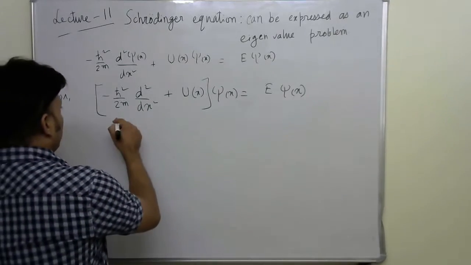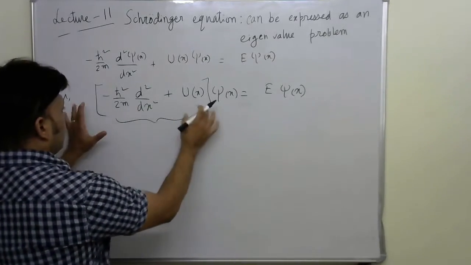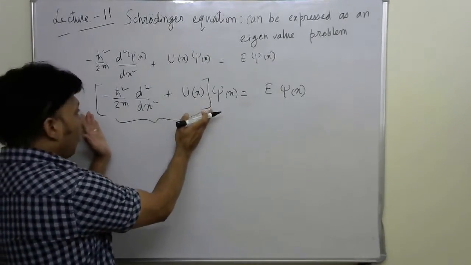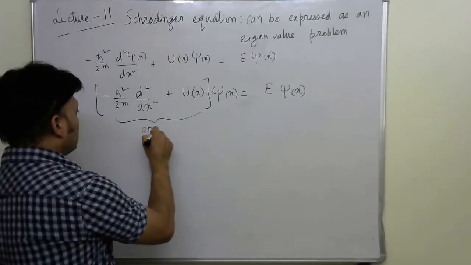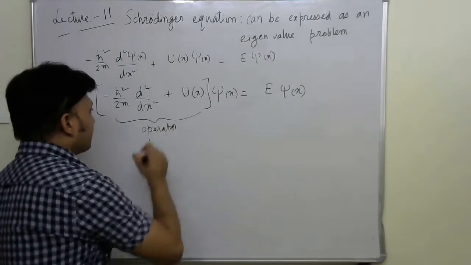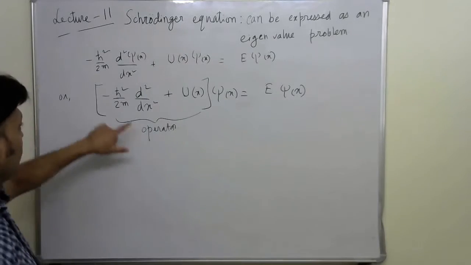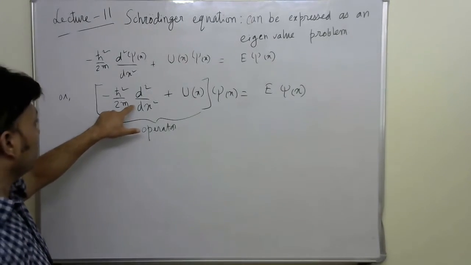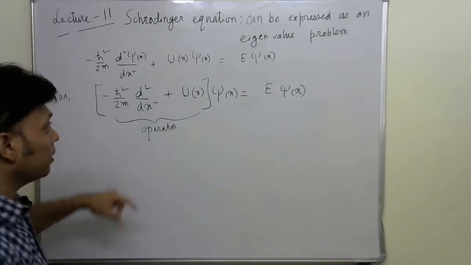So here you see this whole operation can be denoted as an operator. Mind that here we have the double derivative or double differentiation operator.